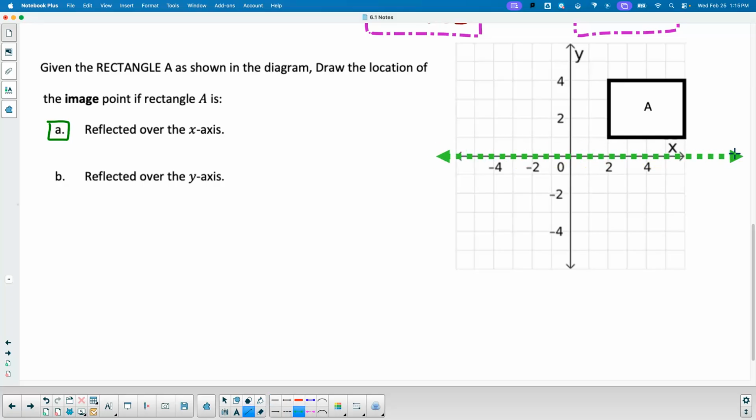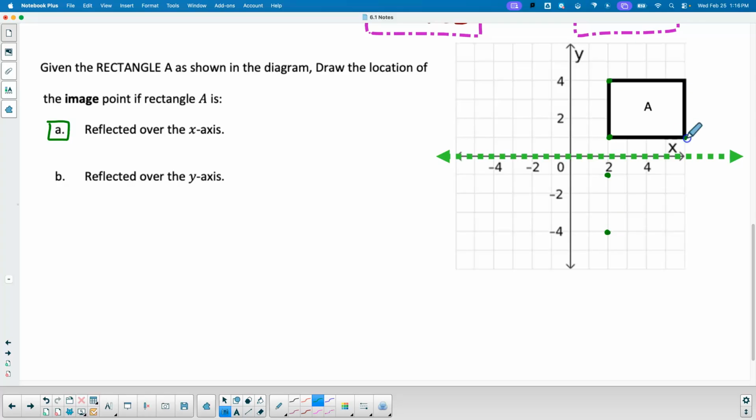This point right here is 1 up from the x-axis, so I've got to go 1 down from the x-axis. This point is 4 up from the x-axis, so I go 4 down.